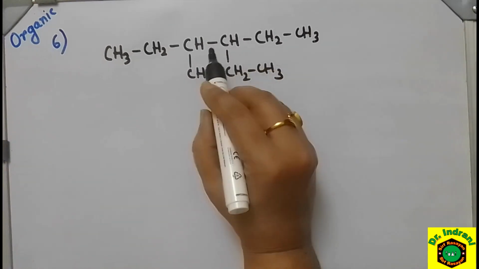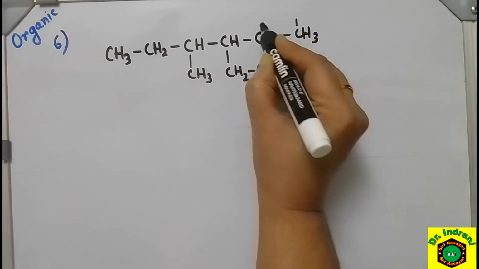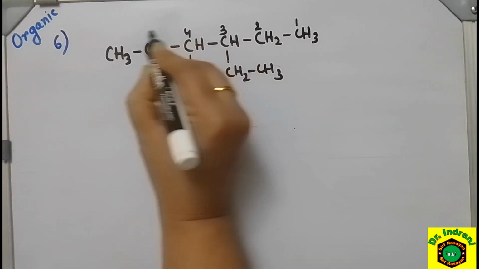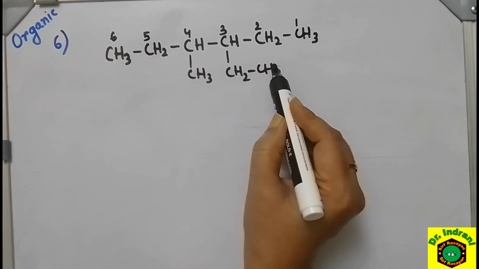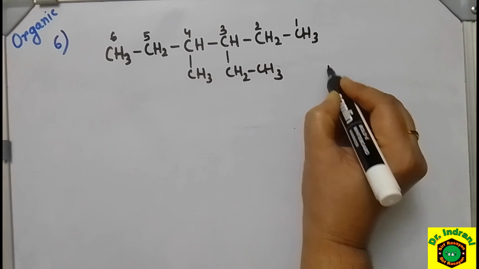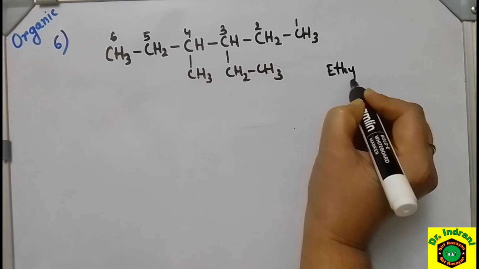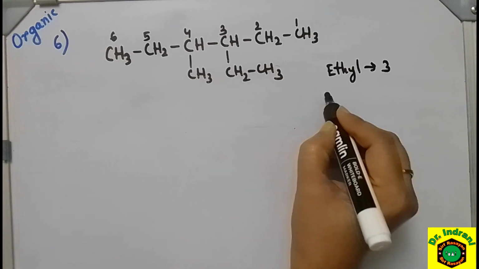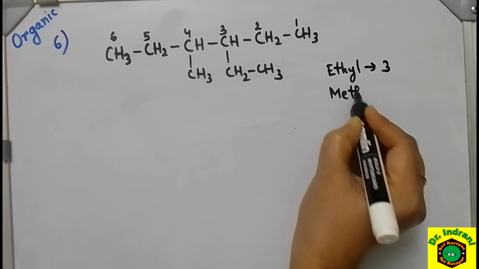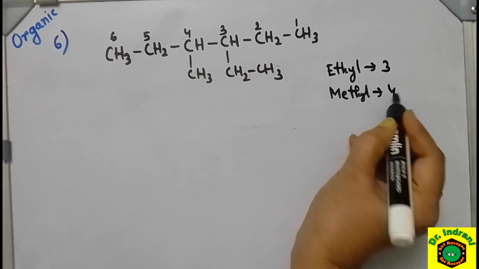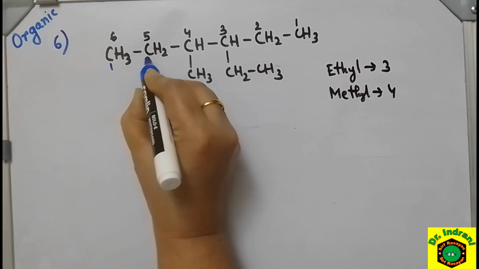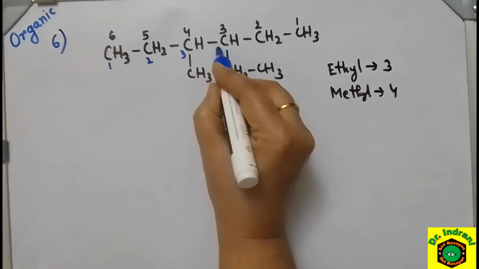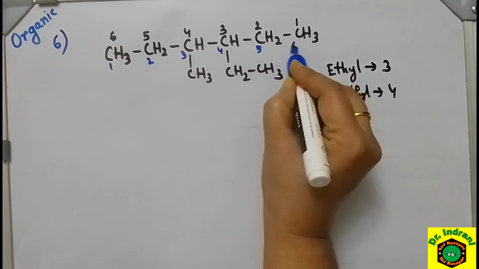Now from right to left, if we are doing numbering, then ethyl is getting number 3. This is ethyl. It is getting number 3 and methyl is getting number 4. But if we are doing numbering from left to right, I am showing here 1, 2, 3, 4, 5, 6.